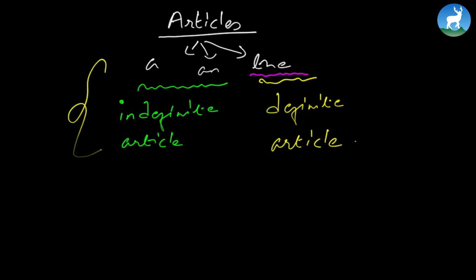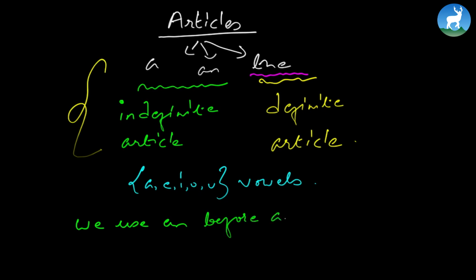Now, apart from that, the use of an. We always have to remember a, e, i, o, u. These are the English vowels. However, we always focus on the vowel sound whenever we use an. We use an before a vowel sound. For instance, let's take an example: honest.